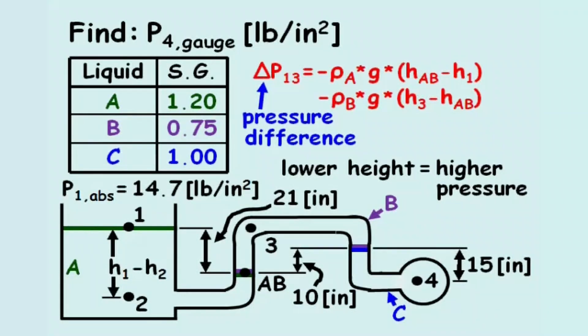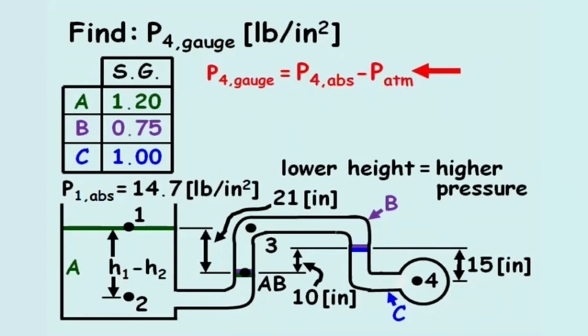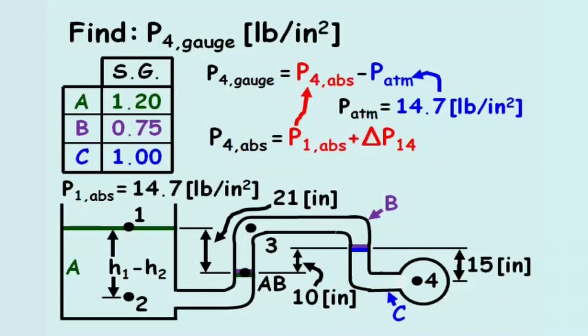In this problem, we're asked to find the gauge pressure at point 4. Gauge pressure equals the absolute pressure minus the atmospheric pressure. The atmospheric pressure equals 14.7 pounds per inch squared, and the absolute pressure at point 4 equals the absolute pressure at point 1 plus the pressure difference between points 4 and 1.